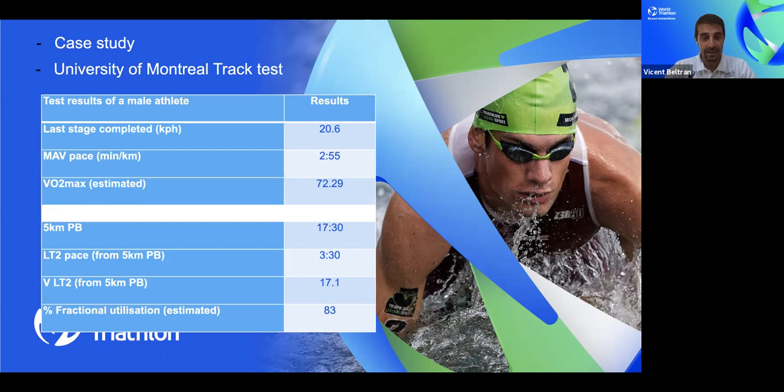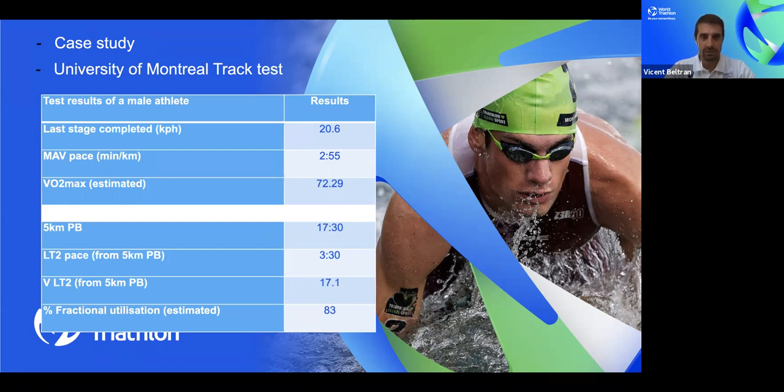In this case, when we worked out all the numbers, we found his anaerobic threshold, the race pace, the LT2, or whatever you want to name it, is 83% of the VO2 max.